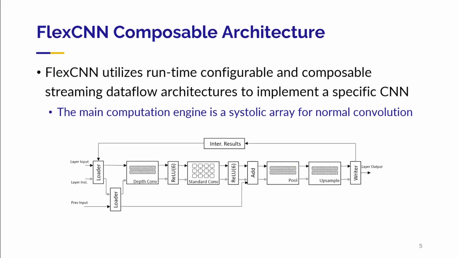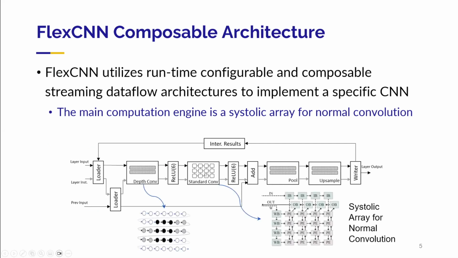The architecture of FlexCNN is a configurable and composable streaming data flow architecture that is used to implement a specific CNN. In this example, we have different modules for the different layers of the CNN. The main computation engine is a systolic array to perform the convolution operations.